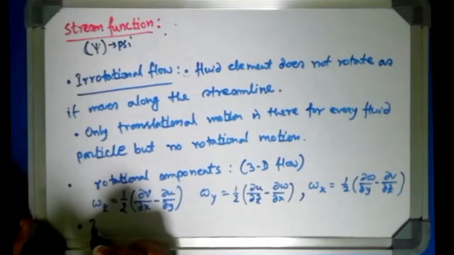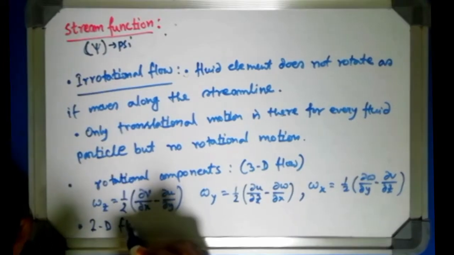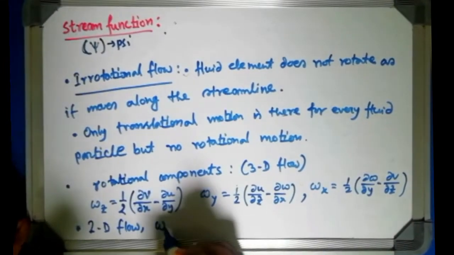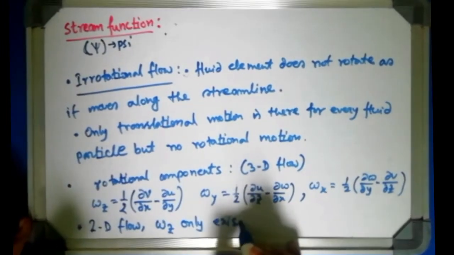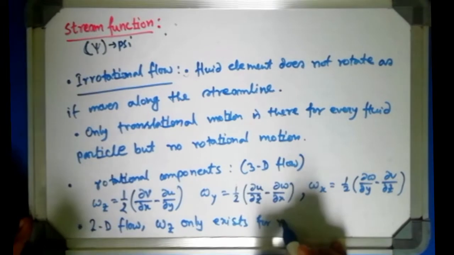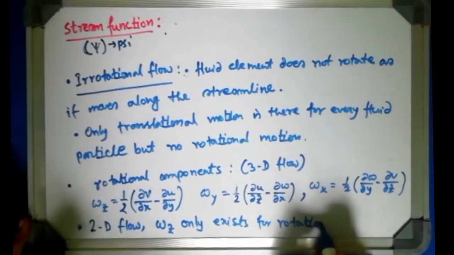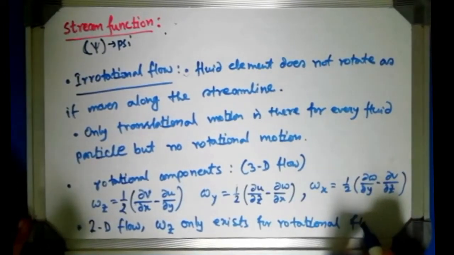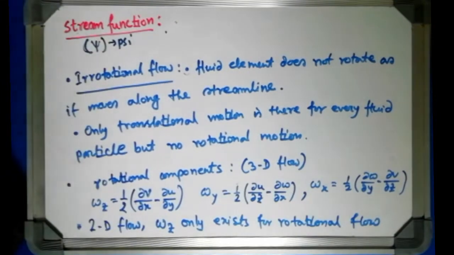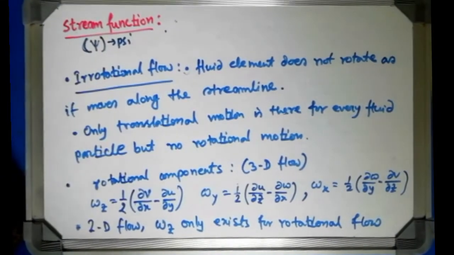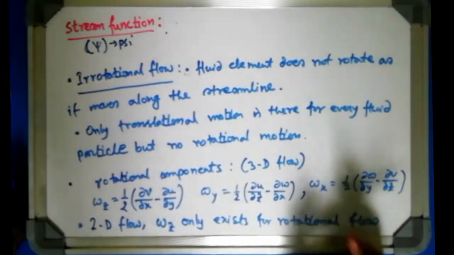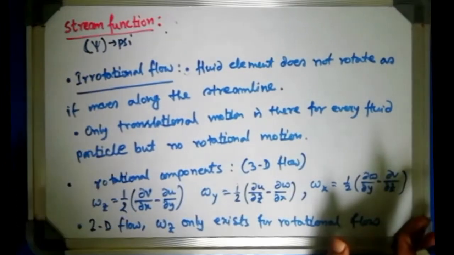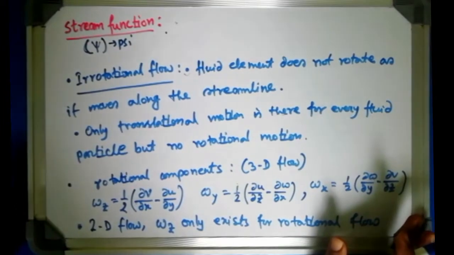For 2D flow, only the rotational component omega z exists for a rotational flow. If we consider a 3D flow, then all three components, omega z, omega x and omega y, will be there. Okay.